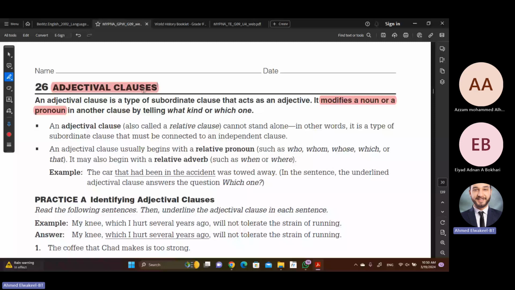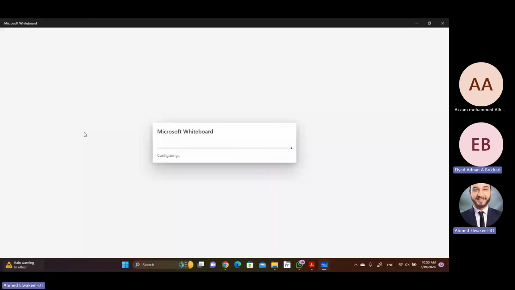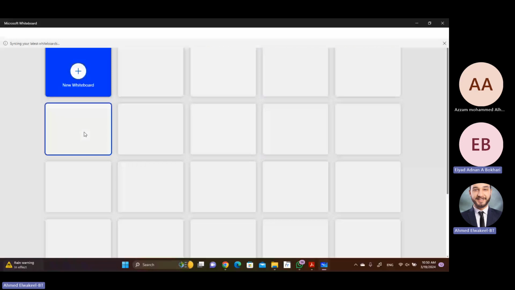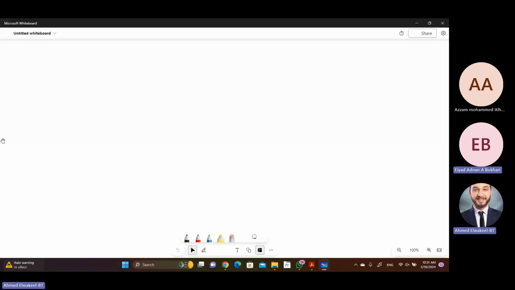A clause is a group of words. It is a group of words that, depending on what it has, it could become a sentence.